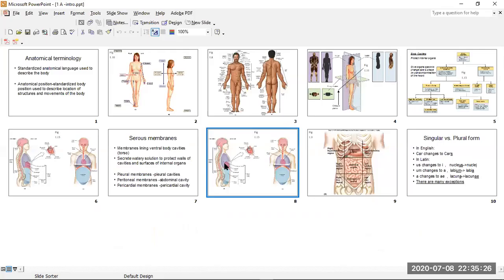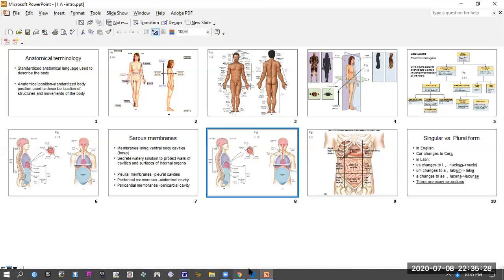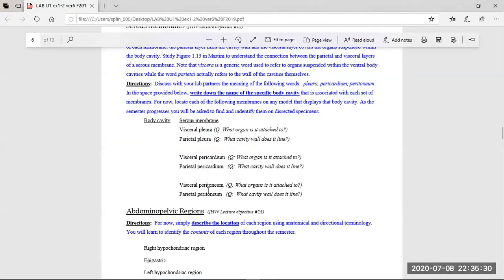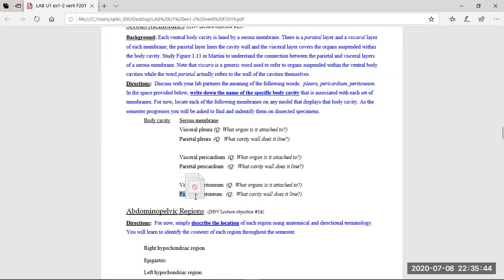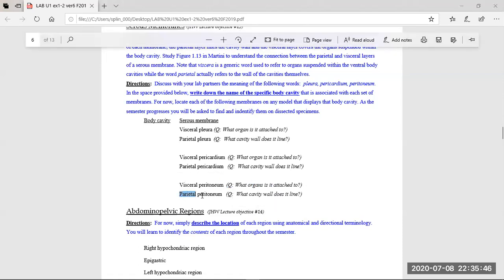And the same idea for the anterior abdominal region. So you want to think about your stomach and intestines. The membrane connected to those organs, that'd be the visceral peritoneum. And the membrane lining the wall of the cavity, that's the parietal peritoneum.